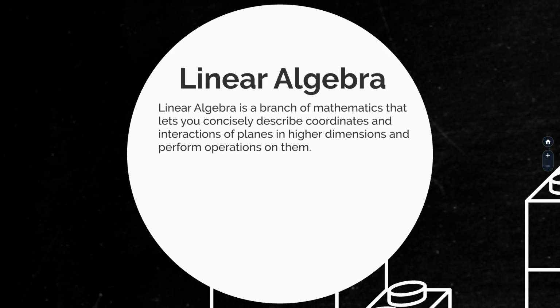When we're thinking about an image, even a 16 by 16 matrix 8-bit image is going to have 256 different inputs. So doing math in 256 dimensions is going to be impossible without an understanding of linear algebra.